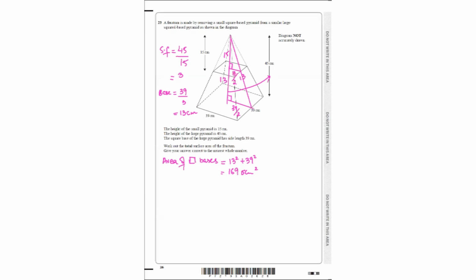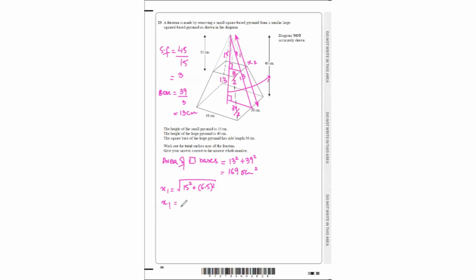So for the first one, I'm going to call this x1, and I'm going to call this entire one x2. So x1 is going to be square root of 15 square plus 6.5 square. 13 divided by 2 is 6.5.